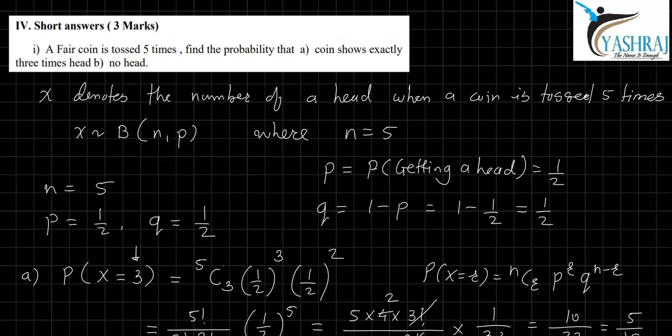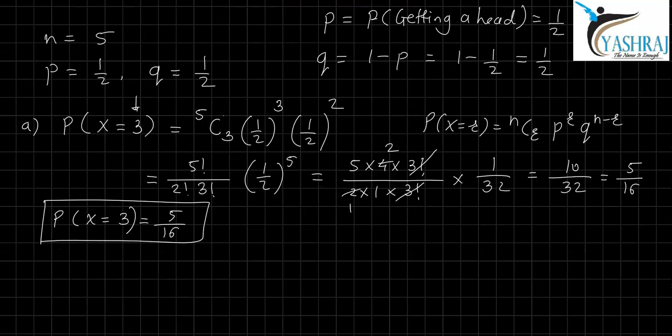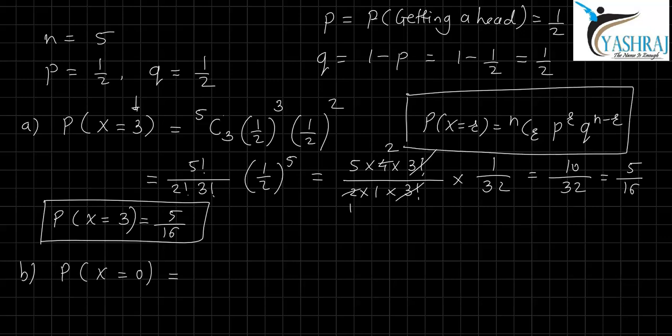Now the second sub question, no head, means P of X equals 0. No head means r is 0. Now replace n and r as well as p and q by their values in the standard formula. We get 5C0 into half to the power 0 into half to the power 5 minus 0, which is 5.